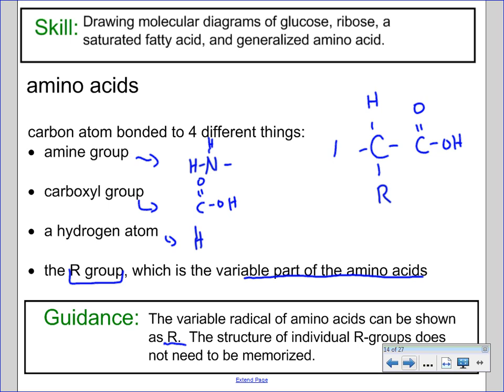And then to the left, we can draw our amine group. And so carboxyl groups are also acidic. The carboxyl group is what contributes to the acid part of the name. So we have an amine group, which is also at this point called an amino group. So we have an amino acid.